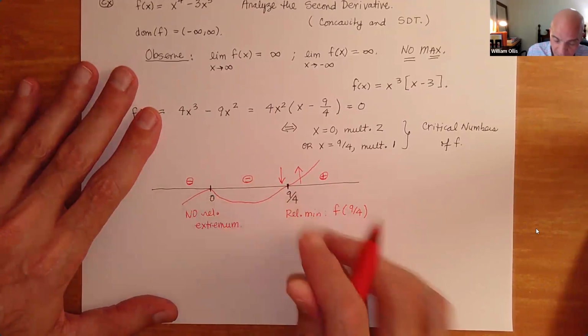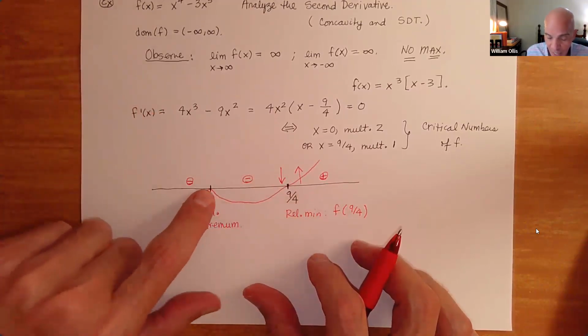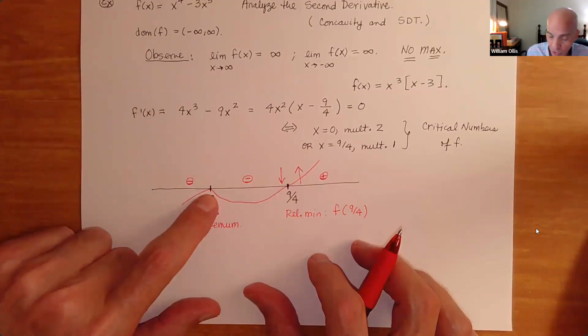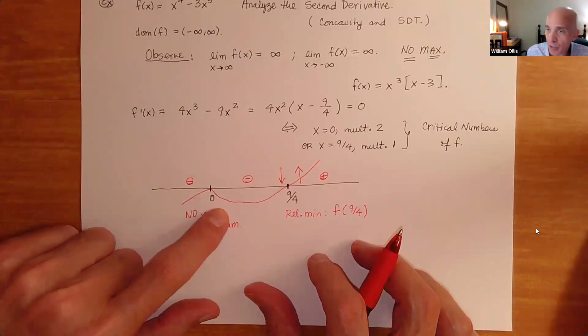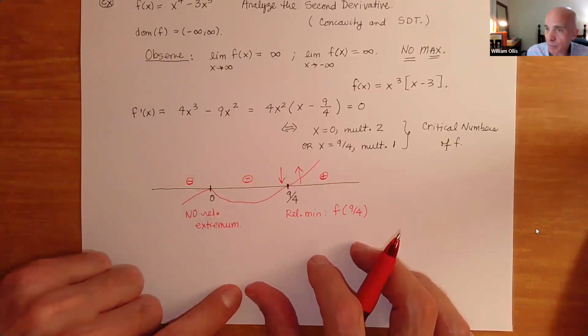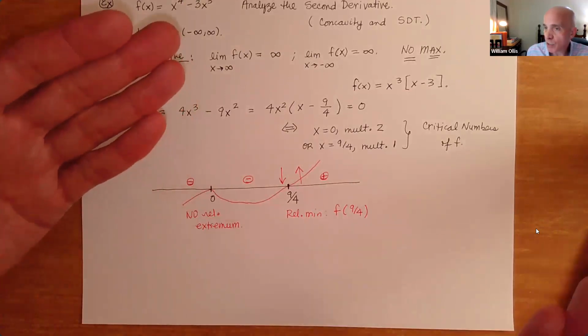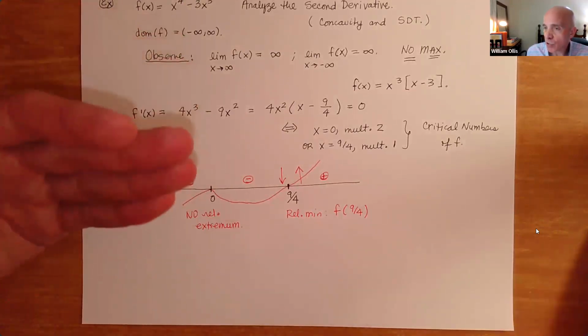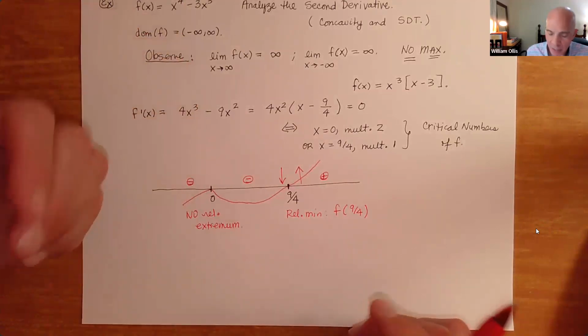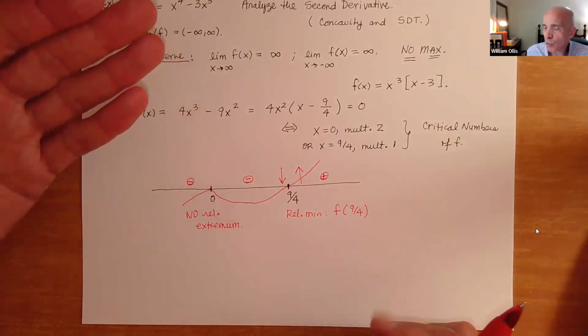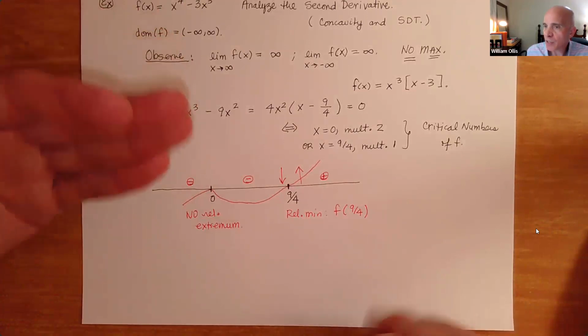The function continues to decrease as you hit this particular horizontal tangent. And so there is no extremum, kind of like f of x equal x cubed. I mean, the function's always increasing. You do have a horizontal tangent at 0, but the increasing nature does not change.